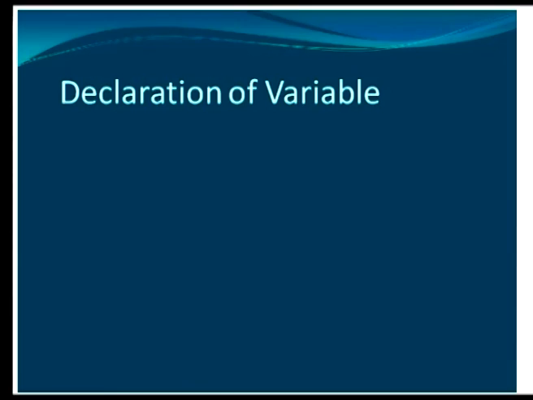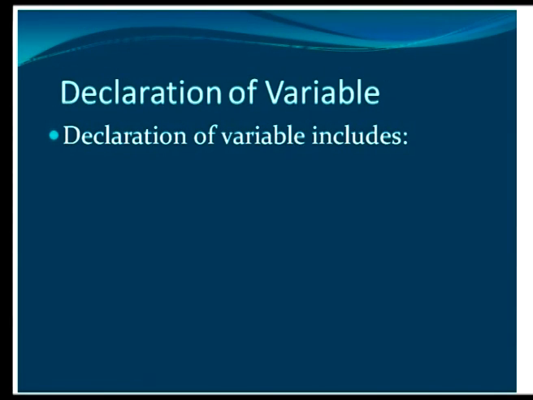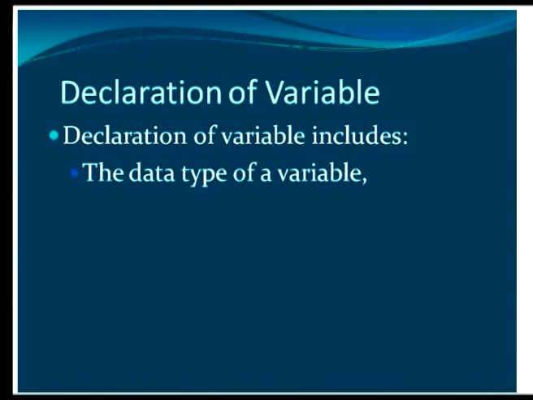Through the declaration statement, we specify what will be the name of the variable and which type of value this variable will contain. So the declaration of a variable includes the data type of the variable. We explicitly specify which type of value this variable will contain, and the name of the variable.